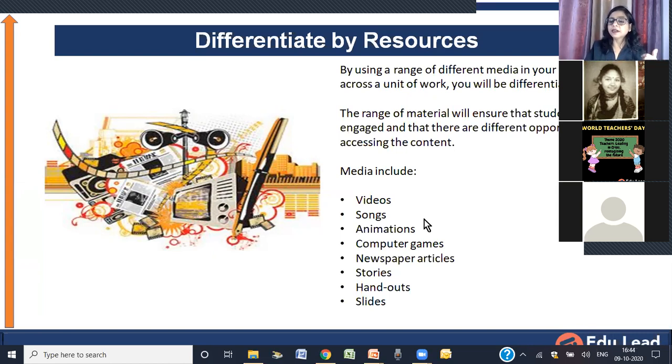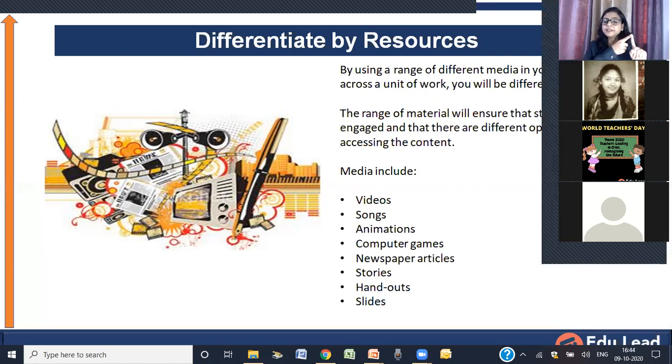So let me just give a small recap. We said differentiation by objective, then differentiation by success criteria, then differentiation by activity, differentiation by outcome, differentiation by time, differentiation by grouping, differentiation by role, and differentiation by what else was that?